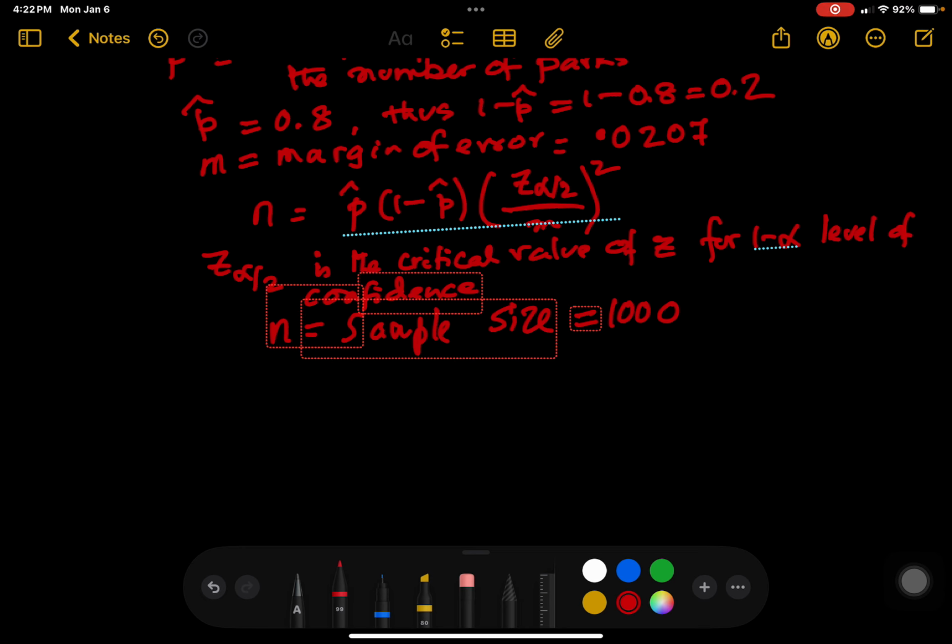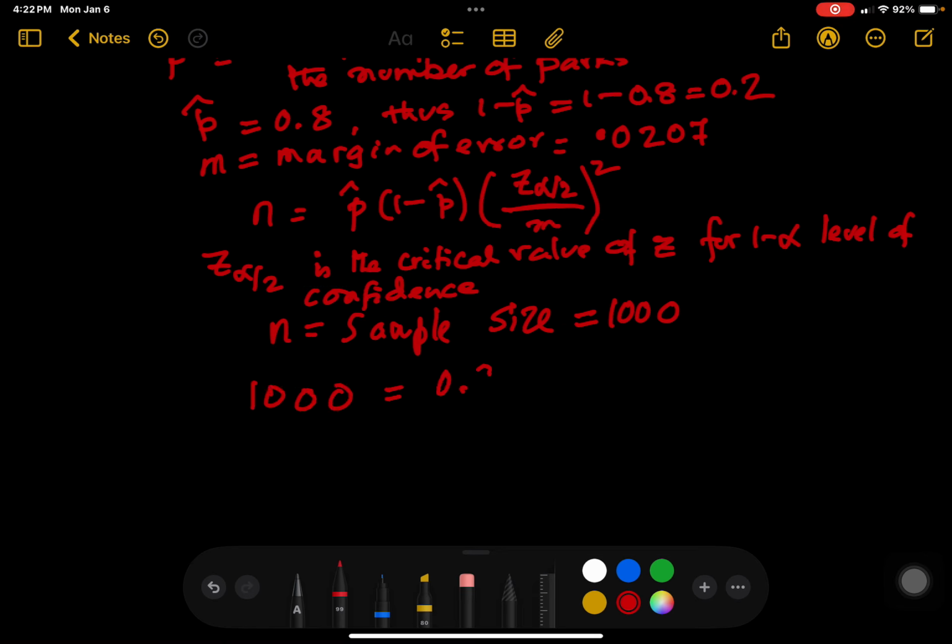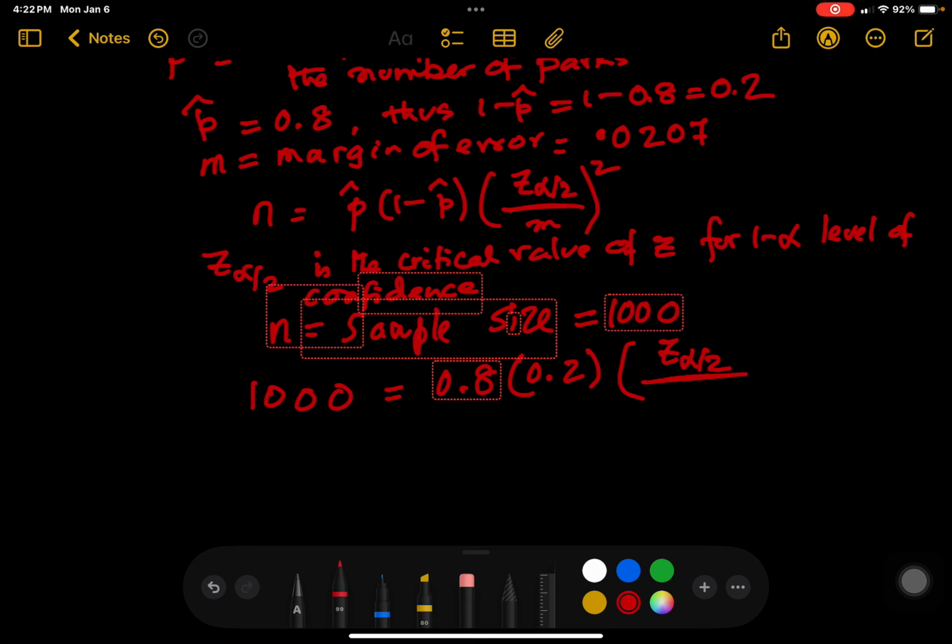Okay, so we can substitute the values of n and p hat in the above equation to get 1,000 equal to p hat, which is 0.8, times 1 minus p hat, which I already showed is 0.2, multiplied by Z alpha by 2, which we do not know, but we know the margin of error as 0.0207, and the whole thing is squared.